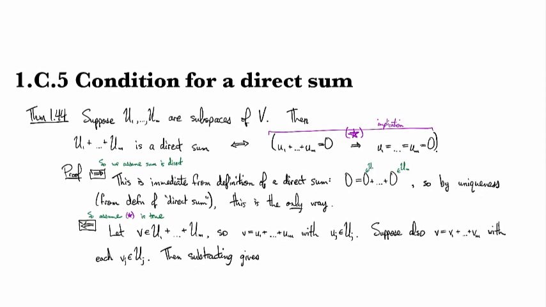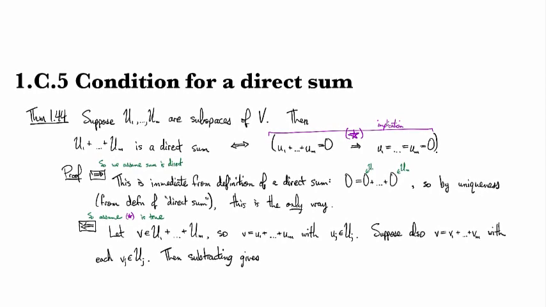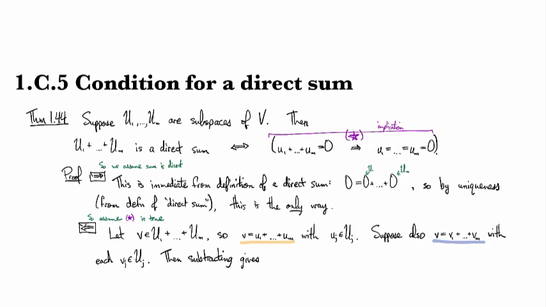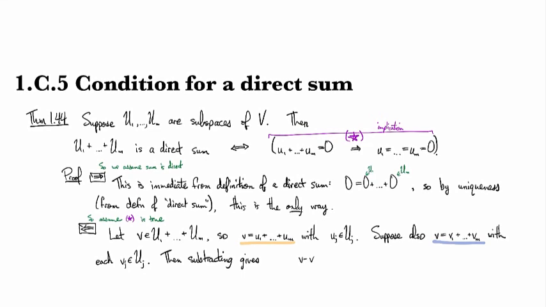And so now I've got these two equations. I've got the orange one and the indigo one, right? And so if I subtract the indigo from the orange, then on the left-hand side, I'm going to have V minus V. That's equal to 0, obviously.